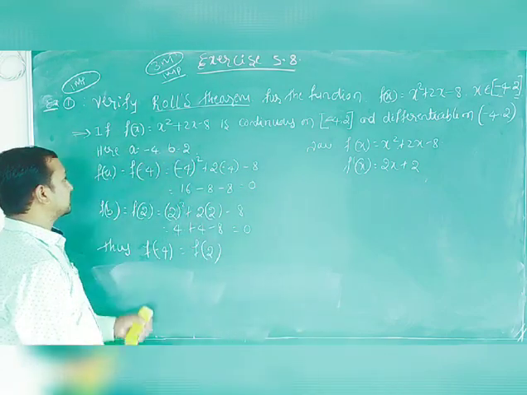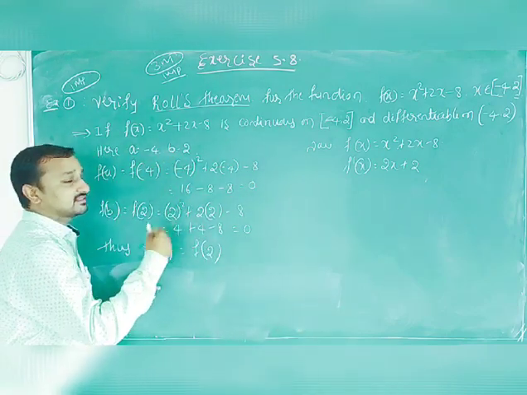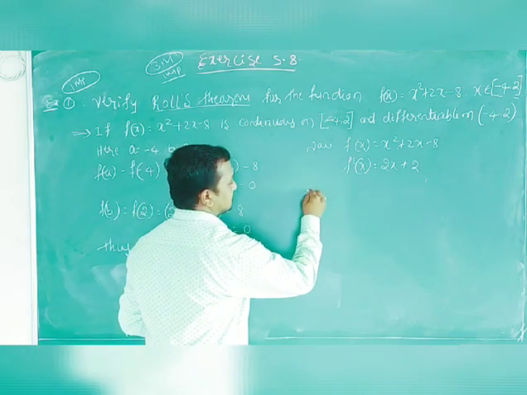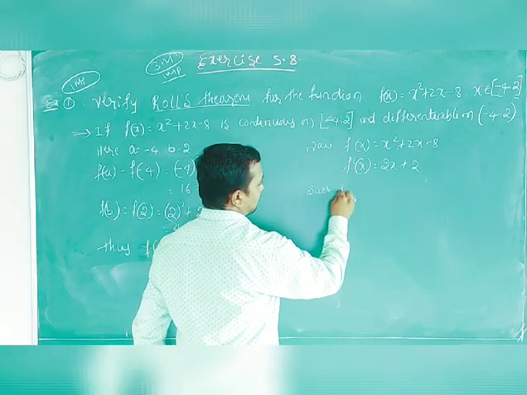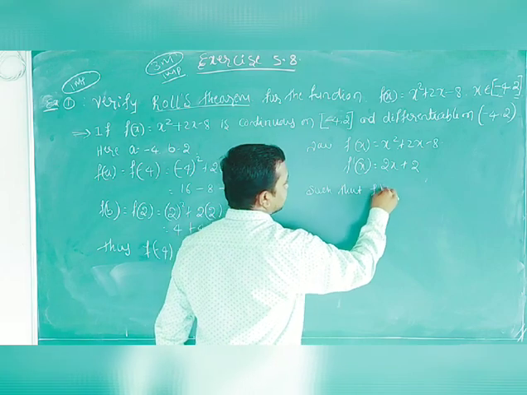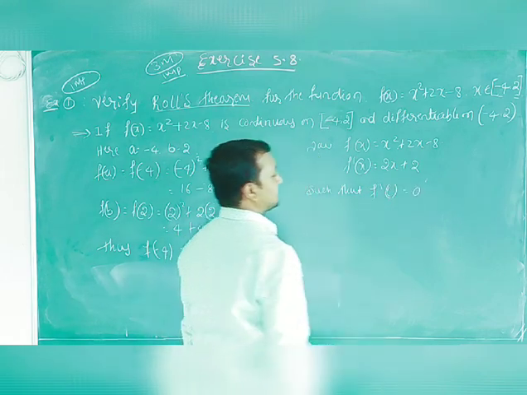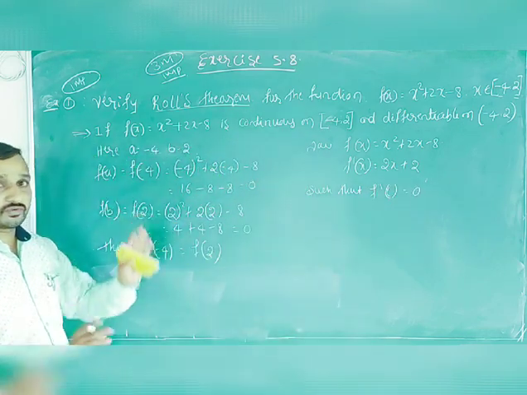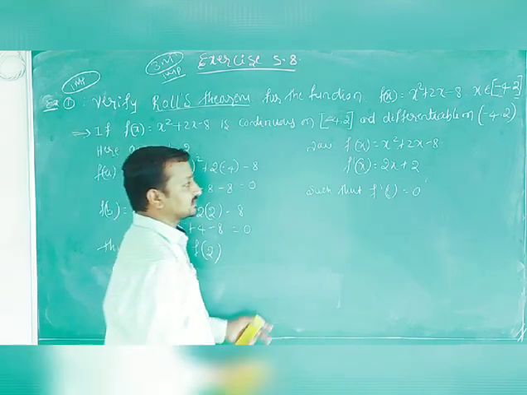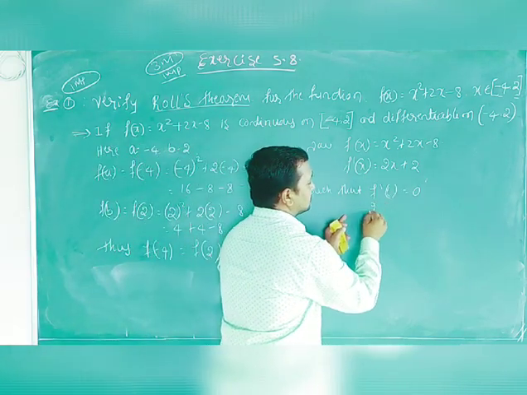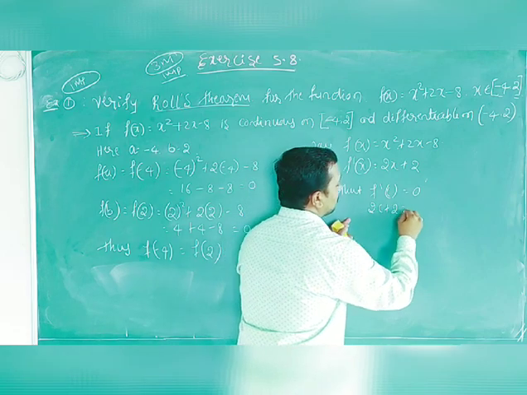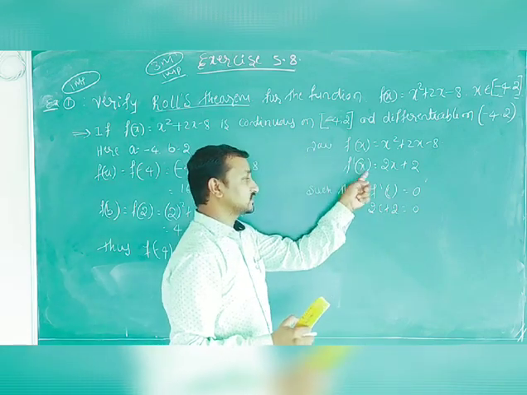So here f(a) equals f(b). Then there exists c such that f'(c) equals 0, which is our statement. f'(c) equals f'(x), so f'(c) is 2c + 2, equal to 0. Instead of x we replace c.